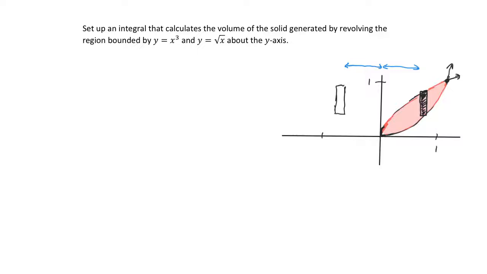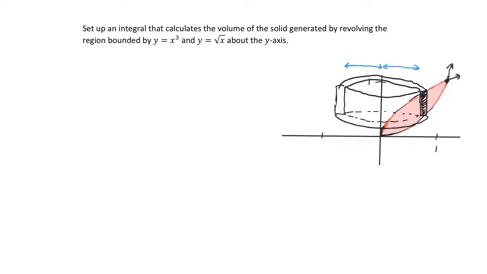And if I imagine lifting this rectangle off the page and moving it around, we end up with a cylindrical shell. So we'd have that shell back in the back there.